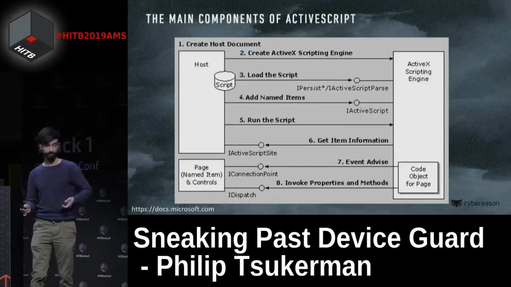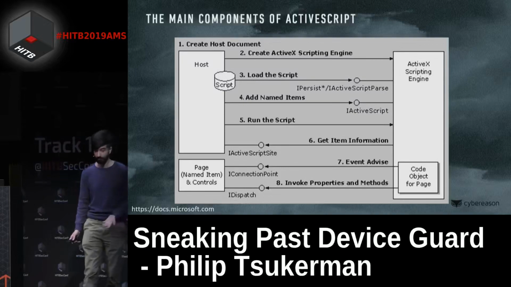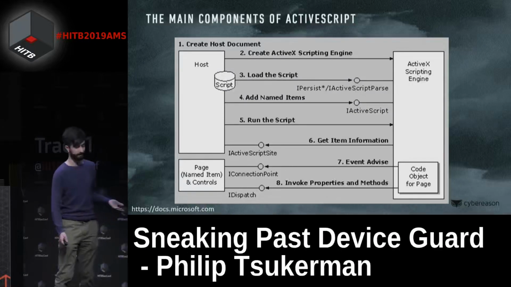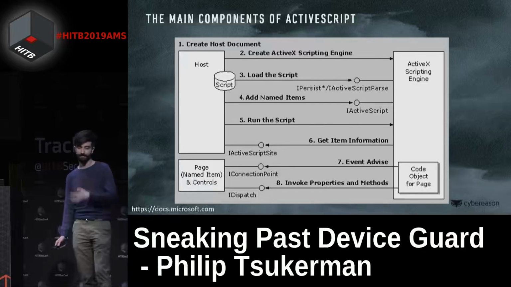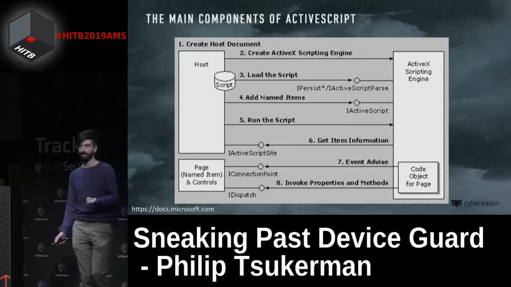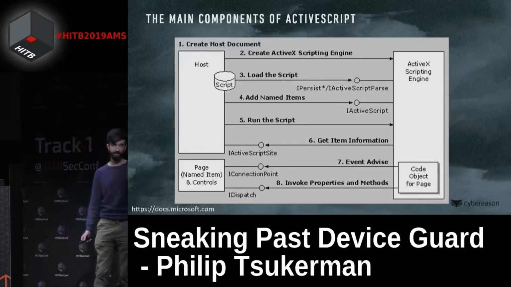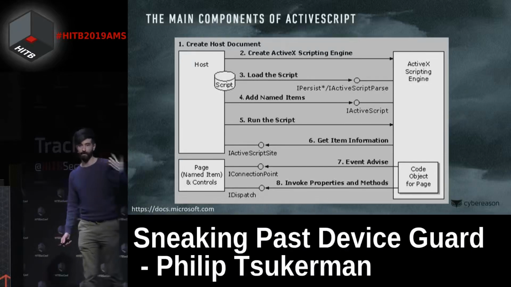So first of all, let's understand what ActiveScript is actually composed of. The least surprising element is scripting engines. You basically implement a scripting engine that exposes a couple of COM interfaces which are defined in the ActiveScript standard. And the other main component is scripting hosts, which is the element that's supposed to communicate with the scripting engine and provide the host application with the ability to script itself, and the scripting engine itself with information and methods from the host application.